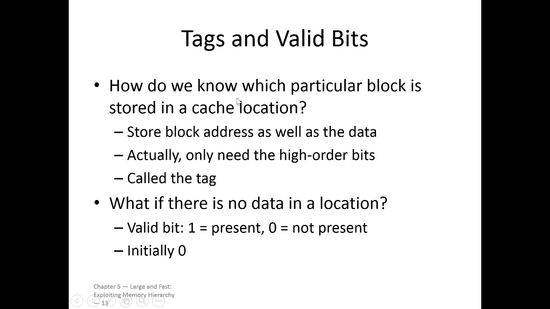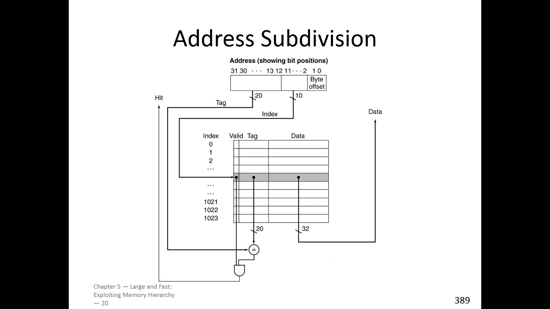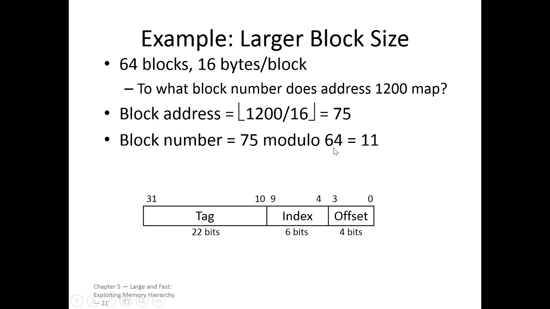When we reduce that down further, we get down to 11. So now you found the block number of where it goes in cache. So 1200 divided by 16 bytes per block is 75, and then you take 75 modulo 64 blocks in cache, and now you have your index for cache.